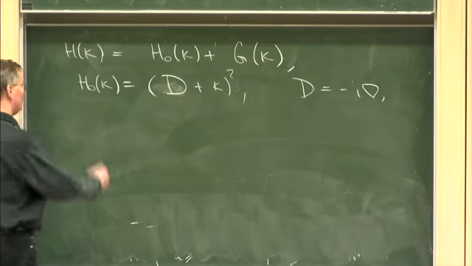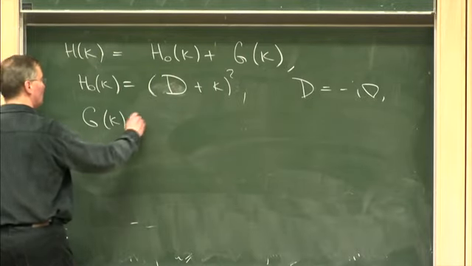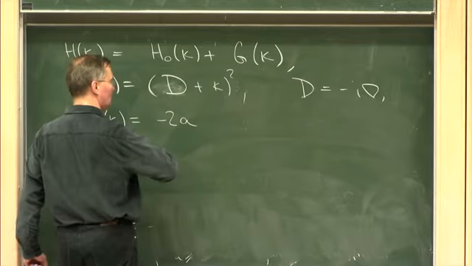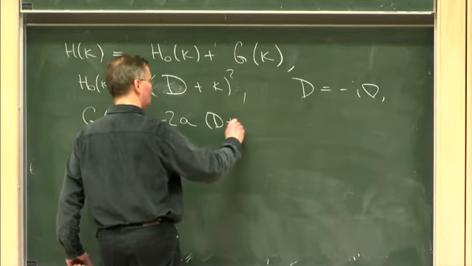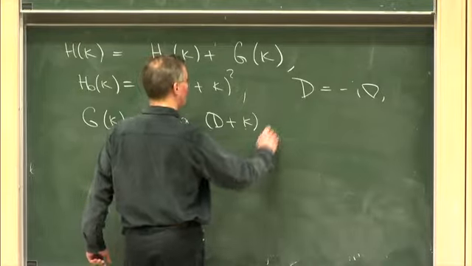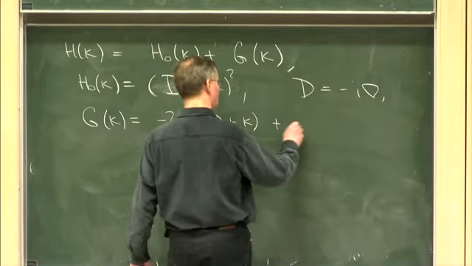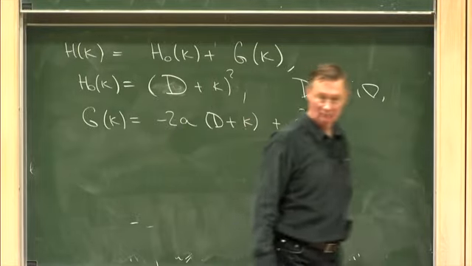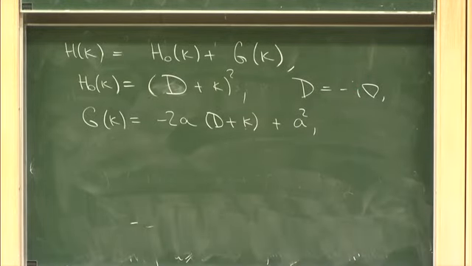And the second, the perturbed part will be minus 2A(D plus k) plus A squared. There is no derivative term for A because of that condition that I imposed. Divergence is 0. It's convenient.